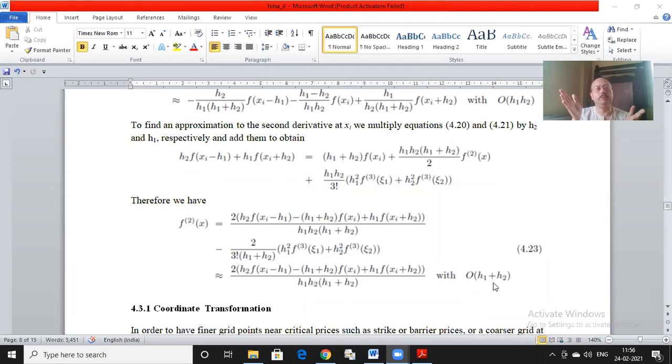So there will be two change points. Basically we will have a larger step size on the left and right extremes and a smaller step size in the middle. So in two places, the derivatives will have to be approximated using this weighted formula. Otherwise, it will go on as before. That would be a very simple way of implementing non-uniform grid points, and writing a code would be fairly easy.